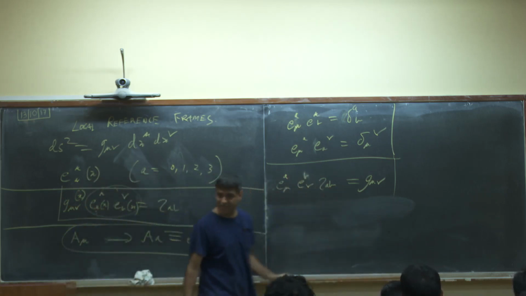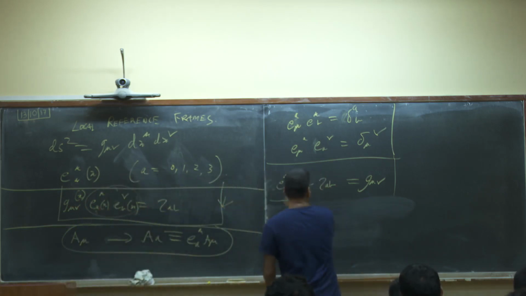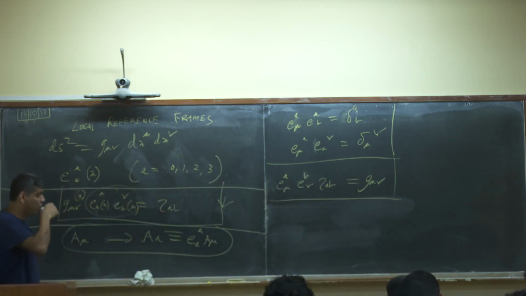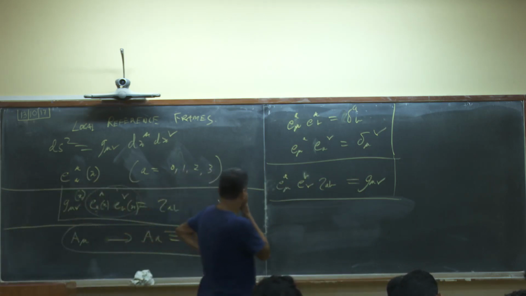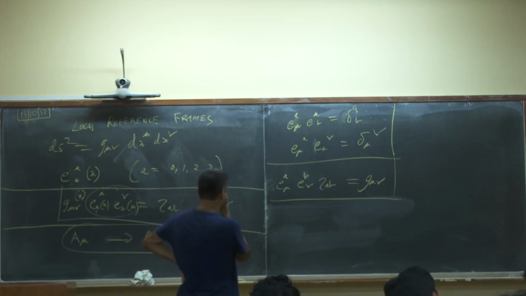Okay, if we do the sum over A and B, I'm claiming that this quantity is eta AB. Okay, now why is this true? Let's see. You multiply this by E. Exactly. So let's see, what do I want to do?